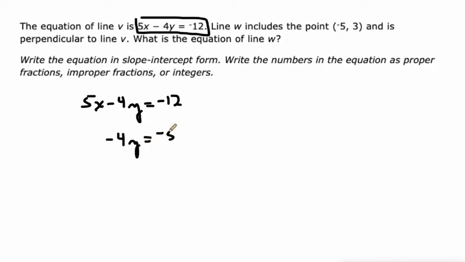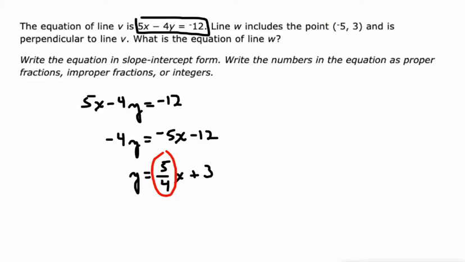So let's subtract 5x from both sides. And then we'll divide both sides by negative 4. Negative 5x divided by negative 4 would be 5/4. And negative 12 divided by negative 4 would be positive 3. So now we know that its slope is 5/4.